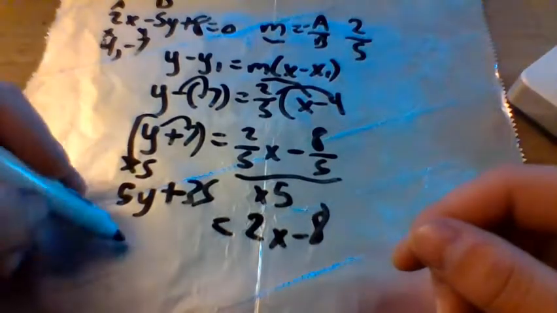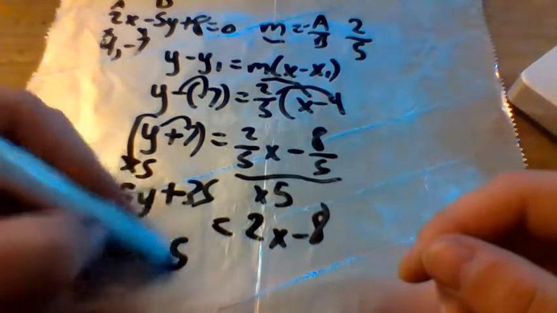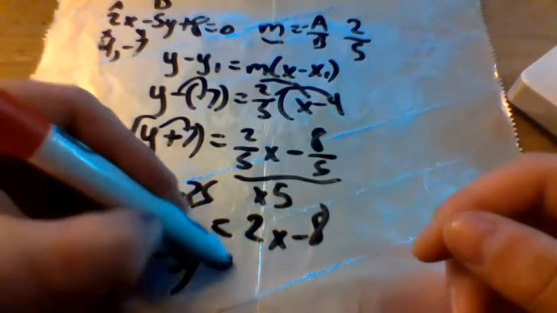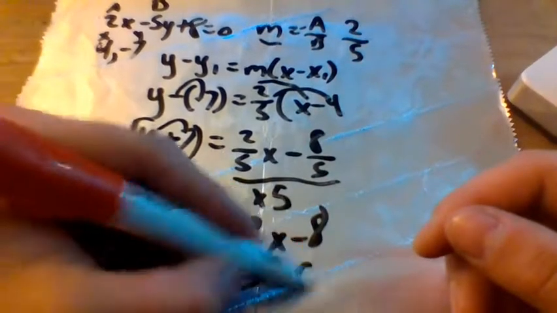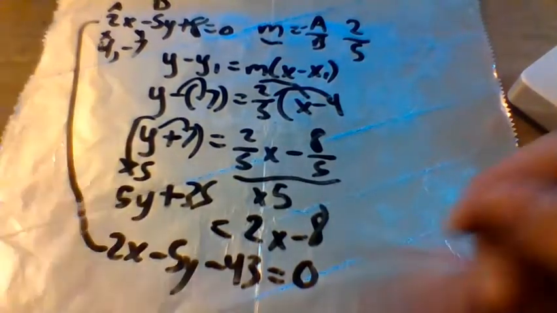And then you would want to get it all to one side. And that would change it to 2x minus 5y minus 43 equals 0. And that would be parallel to this line up here, 2x minus 5y plus 8.